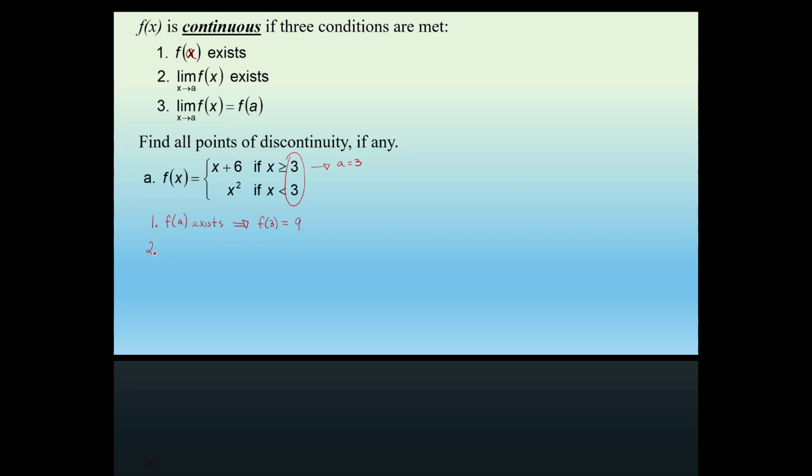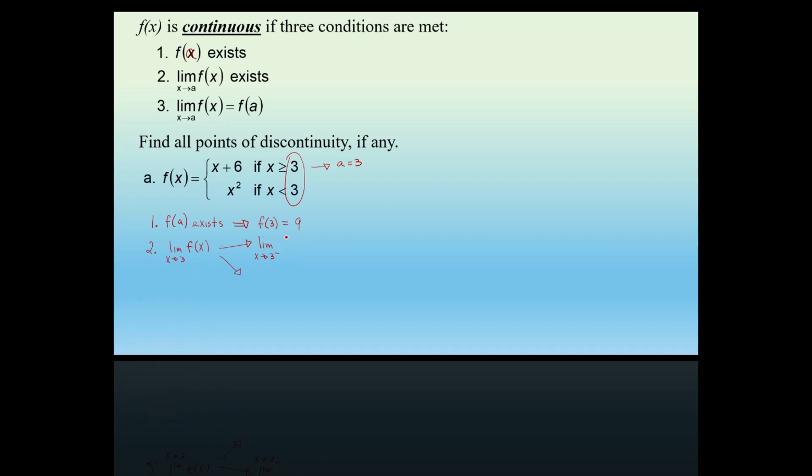The second thing we're going to check is the limit as x is approaching 3 of f of x. Now this is a piecewise function, so we understand it should be in pieces. So let's first check the limit as x is approaching 3 from the left. If we look at our piecewise function, we determine that that should be the bottom piece because that's where x is less than 3.